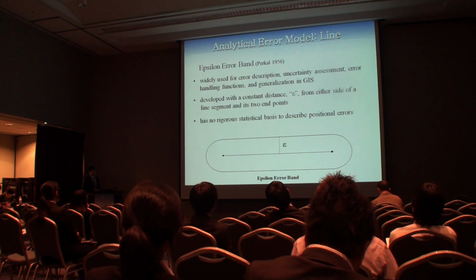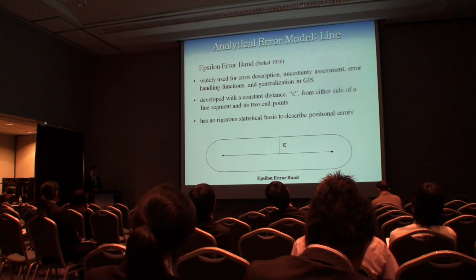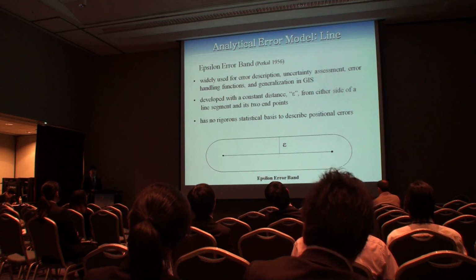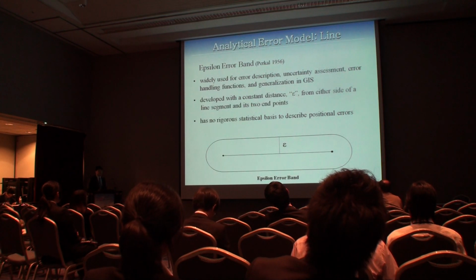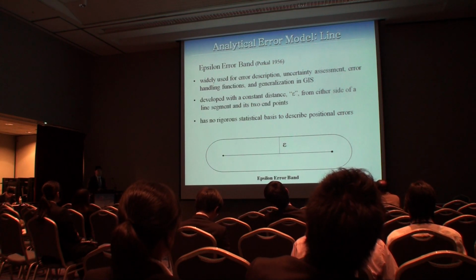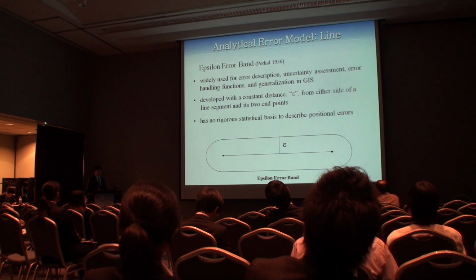Not many, but a few analytical error models for line segments have been proposed in the GIS community. The epsilon error band is one of the most common error models for line data.